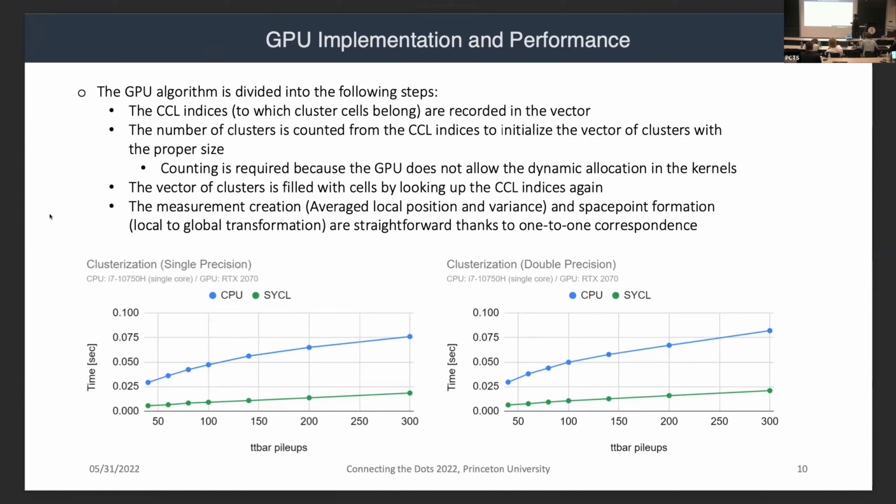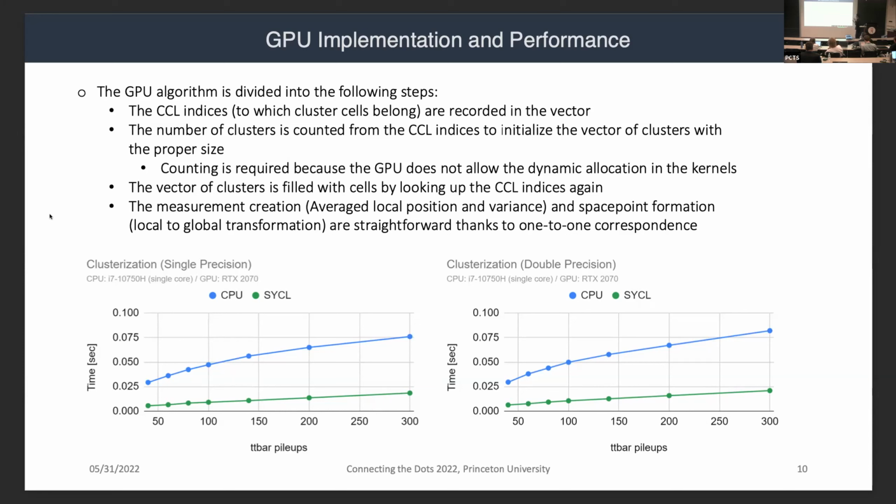Then from these CCL indices, the number of clusters is counted, and we initialize the vector of clusters with the proper size. The reason that we have a counting process is that we don't know how many clusters we have, so we want to know the vector size that we need, because the GPU does not allow dynamic allocations inside the device kernels.